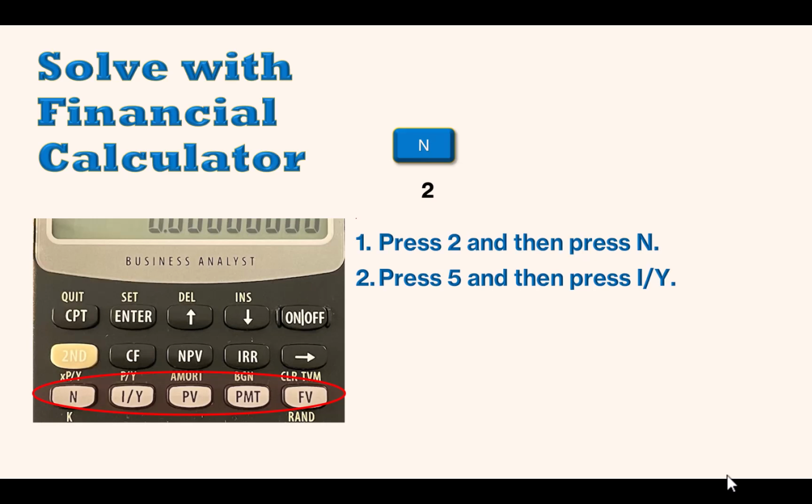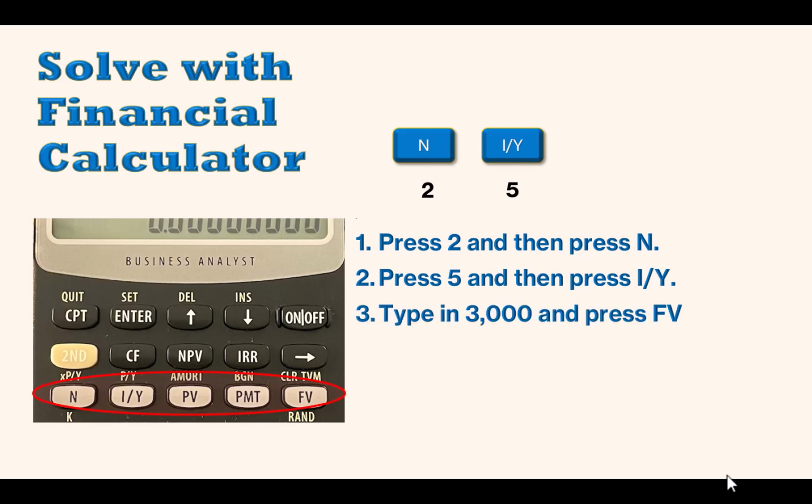Remember, our rate is 5%. The financial calculator doesn't want decimal form. It doesn't want 0.05, and it doesn't want you to type 5 and then the percent sign. It just wants you to put 5 for 5%. If the rate was 7%, they would just want you to put 7. Do you get that? So we just want 5, so put 5 and then press the I/Y button.